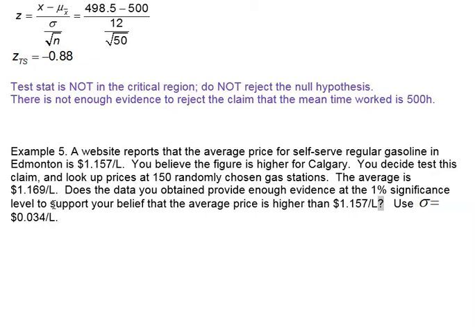So if we see what's in there, it says your belief that the average price is higher. So we can see that the claim is that the mean is higher, so greater than. So that's going to be H1, right? Because there's no equality in higher.